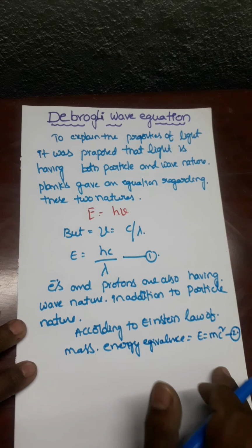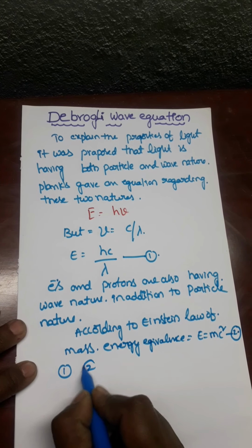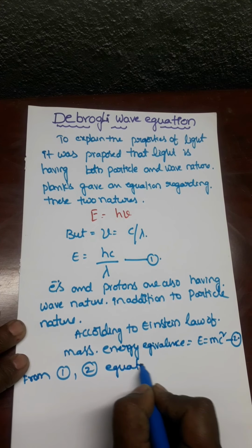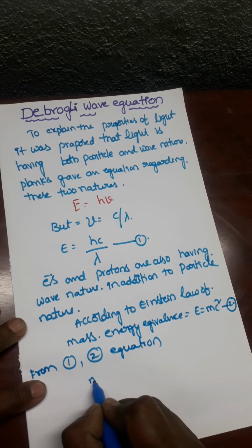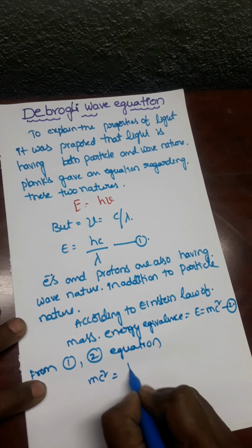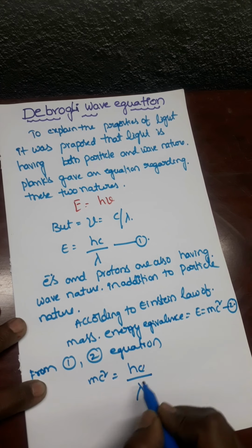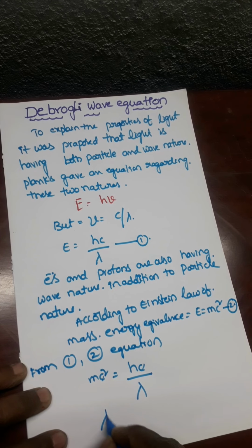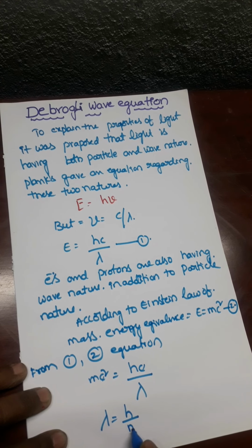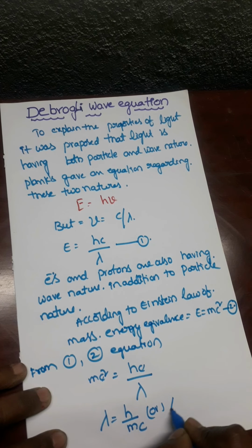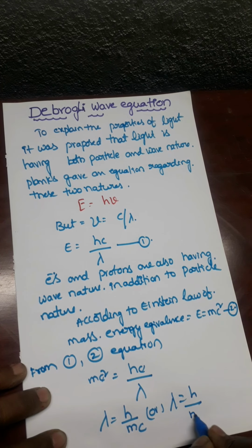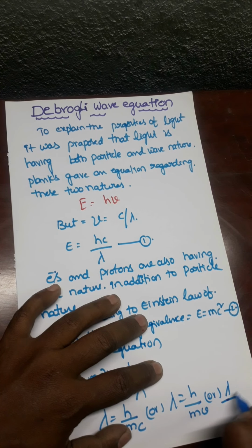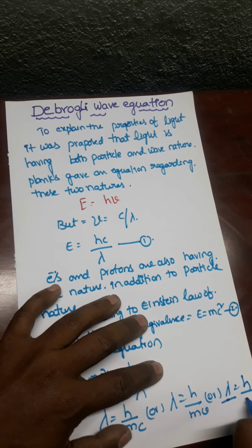From the above two equations, 1 and 2, mc square is equal to hc by lambda. Here one c is there, and here one c is there. We cancel this c. Then lambda is equal to h by mc, or h by mv, or lambda is equal to h by p.